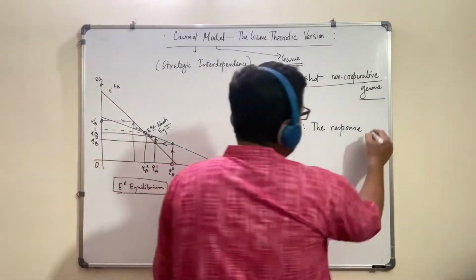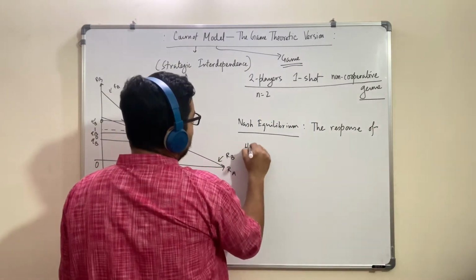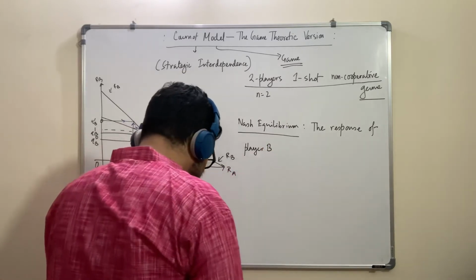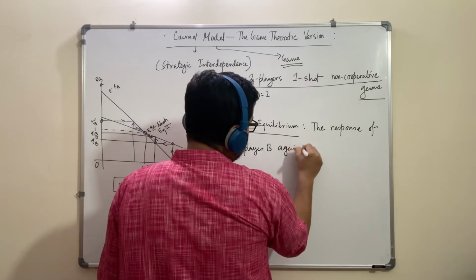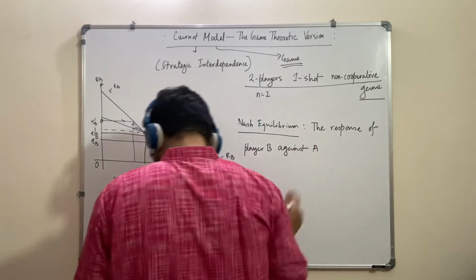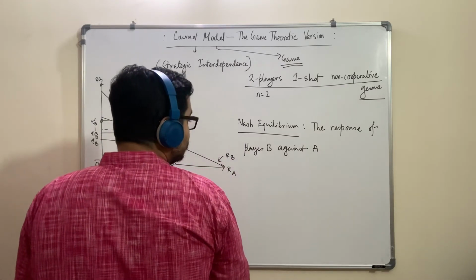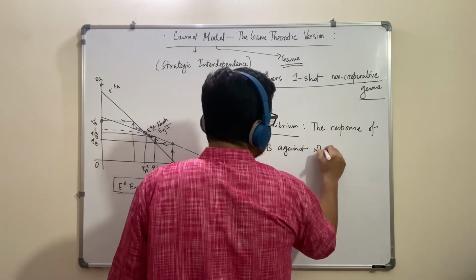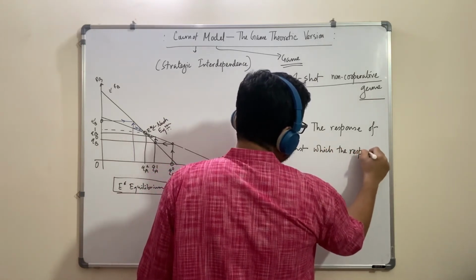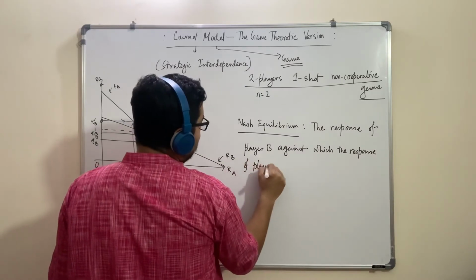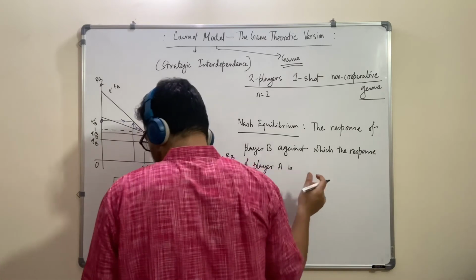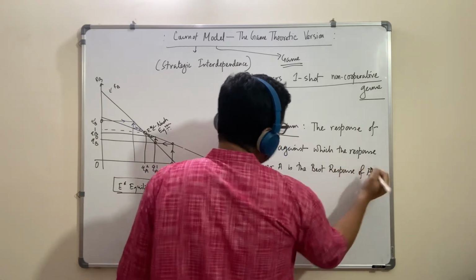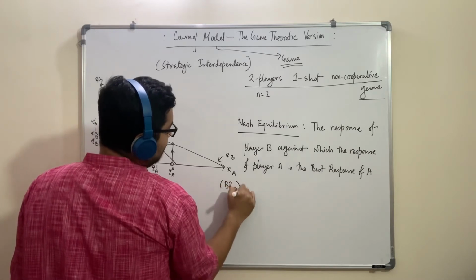So the response of player 2, for us it will be B, so let's write just player B, of player B against A. Okay, the response of player B against which the response of player A is the best response of A. We will say this is BR with subscript A.